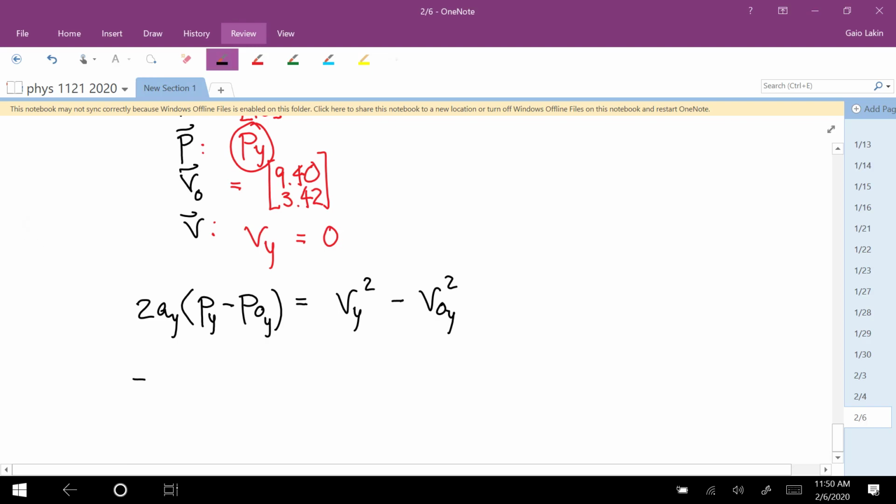Plug in the values and you get negative 19.62 times the quantity Py minus 10 is equal to 0 squared minus 3.42 squared.